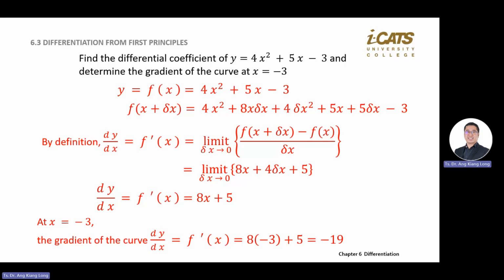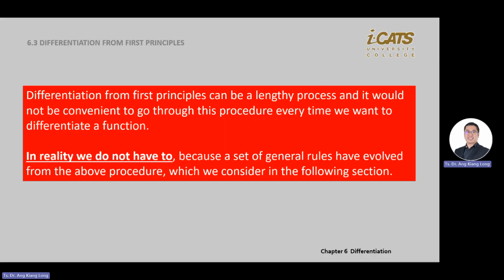But in real life, we don't need to use first principle. But fundamentally, you should understand why you get that particular answer. You should be able to answer: I use first principle, because I can change the small changes to dx, and I have a limit of delta x to 0, so I cancel out the small changes. This is how you answer.